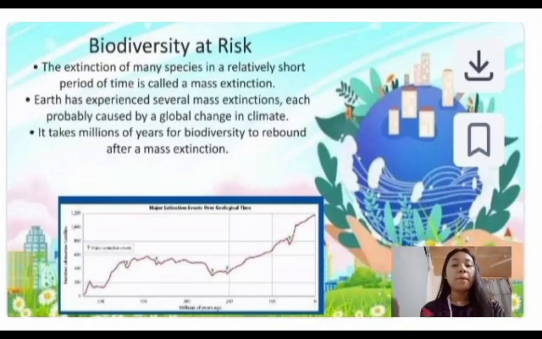So when many species go extinct in a short time, we call it mass extinction. Earth has had several mass extinctions before, usually because of big climate change, but it takes millions of years for life to fully recover after that.